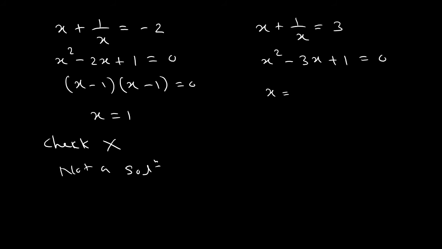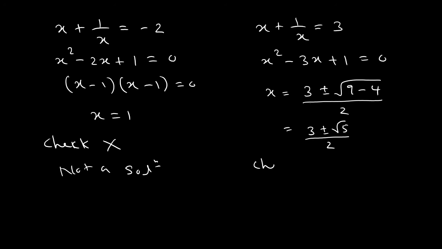So x equals negative b, so it's 3, plus or minus the square root of b squared, that means 9, minus 4ac, which is 4, over 2. If you simplify, you get 3 plus or minus square root 5 over 2.